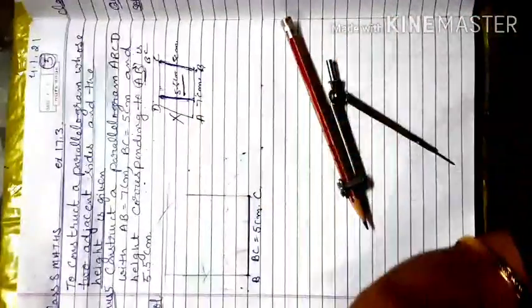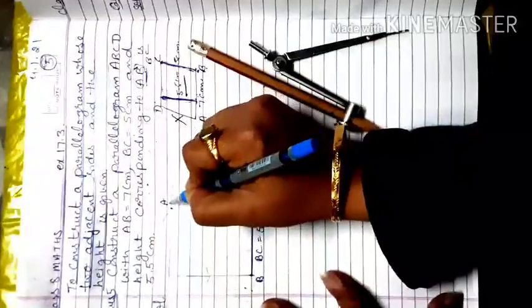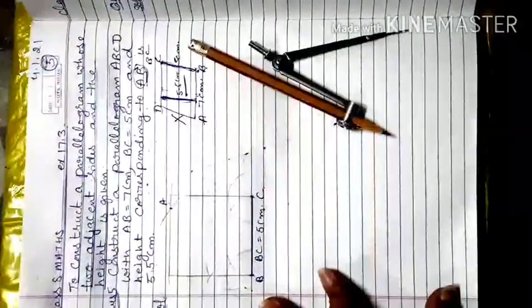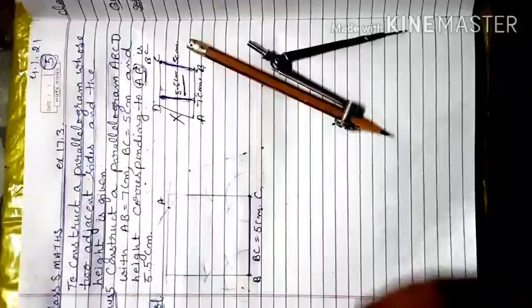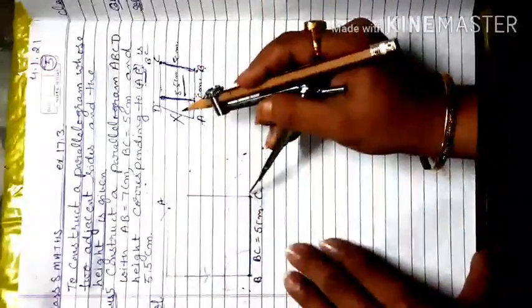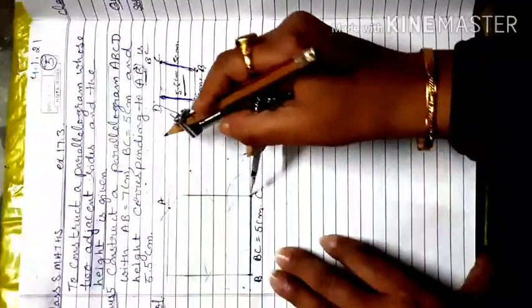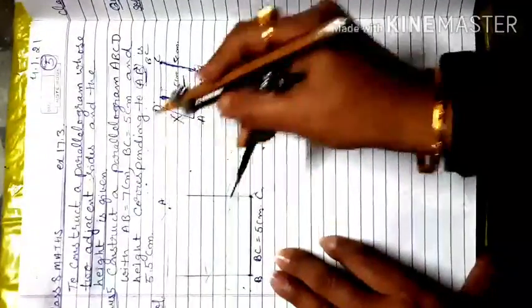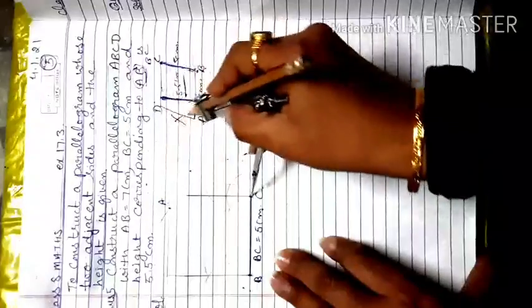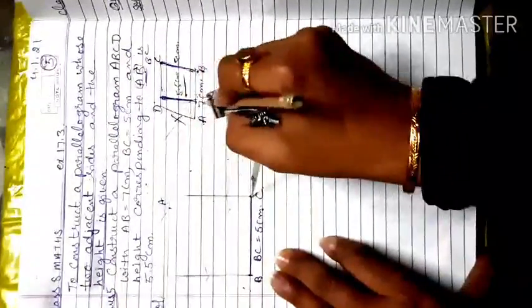This point will be my A point, because the distance from A to B is 7 centimeter. Obviously the line opposite to AB, that is CD, will also be 7 centimeters.